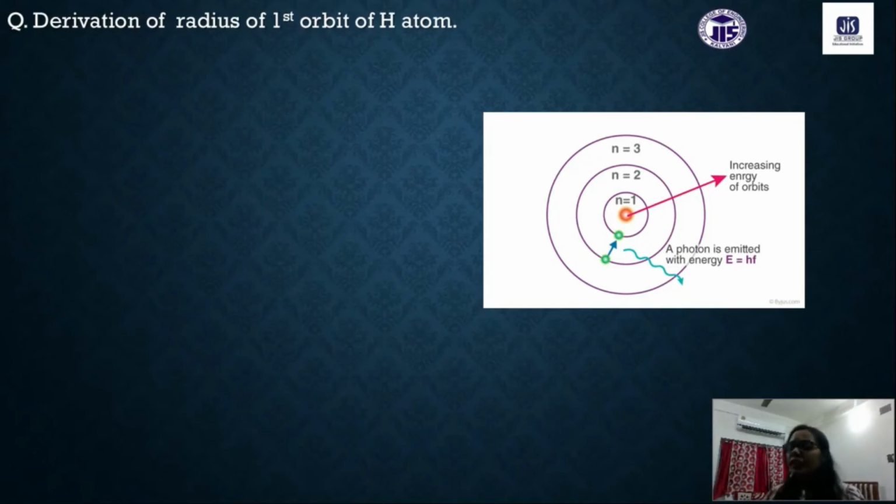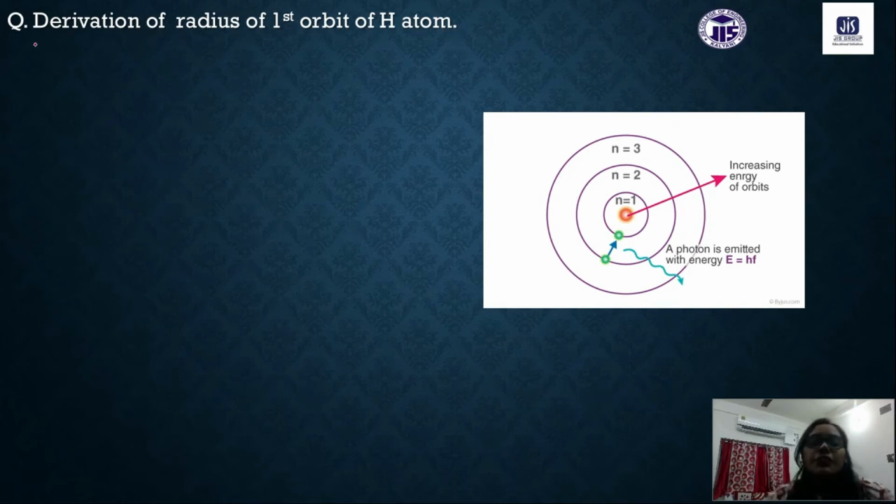Also Rutherford cannot explain the line spectra of hydrogen atom, and according to Bohr's theory, due to the emission or absorption of that energy, we are getting the line spectra of the hydrogen atom. So the line spectra of hydrogen also can be explained by Bohr's theory.